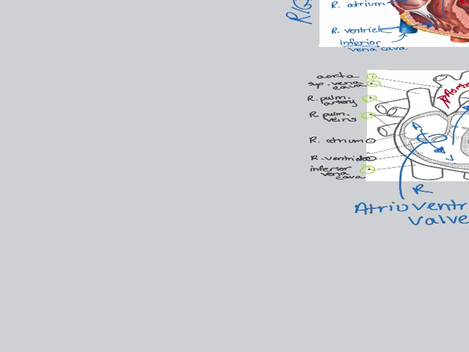Semilunar valve, because when you look at them from the bottom, they look like half moon shapes. So we've got one right here, and that again is the right semilunar valve and the left semilunar valve. Okay, so I'm going to go ahead and erase everything that you see here, and you should be able to go back and label every single piece.